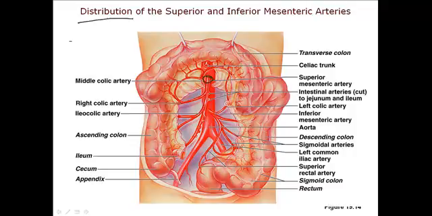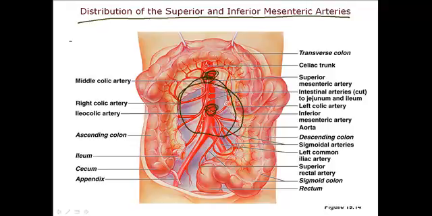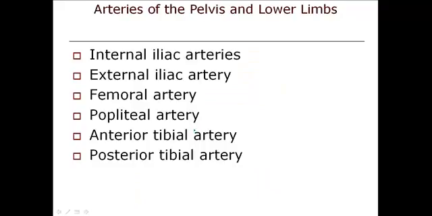This is distribution of the superior and inferior mesenteric arteries. You don't have to know any of this. This is the superior mesenteric artery, this is the inferior mesenteric artery, and all of this tissue here is called the mesenteries. You don't need to know any of these arteries, just the superior and inferior mesenteric.